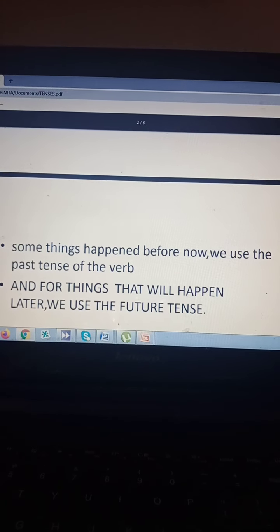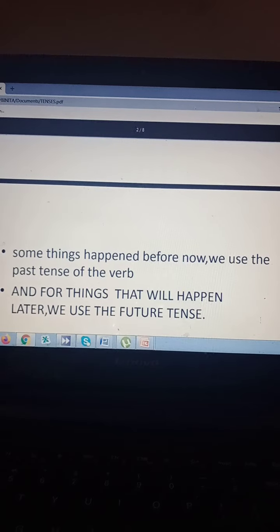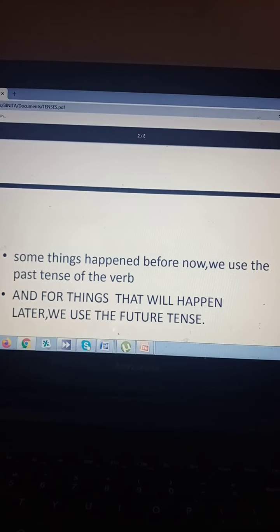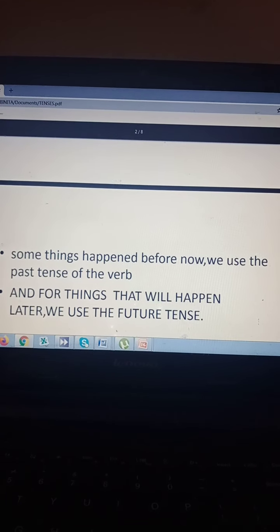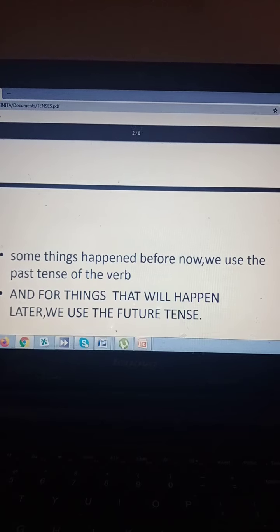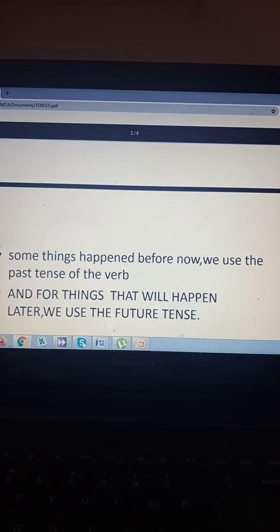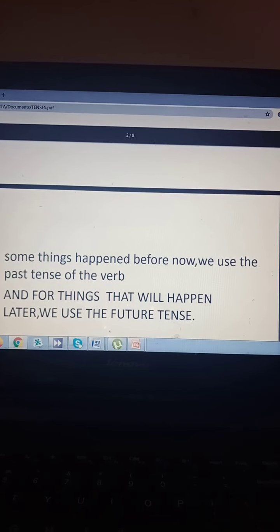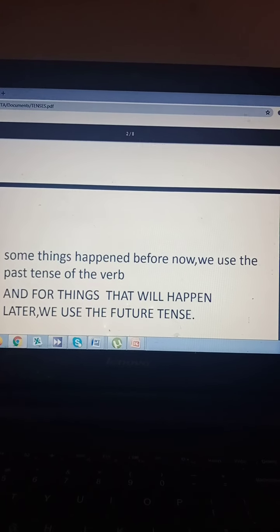For example, I read this book every day. R-E-A-D, read. But if I say it in the past tense, I read the book yesterday. So for some, you do not need to change the verb. The word will remain the same. Okay, children, so we'll come to that.